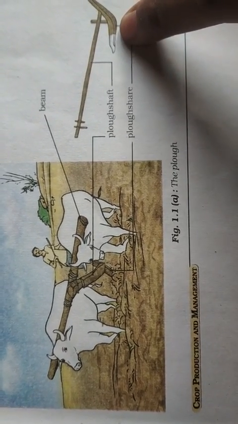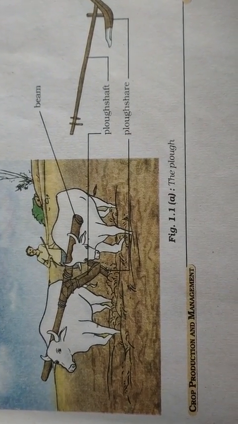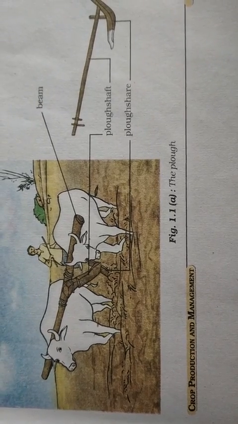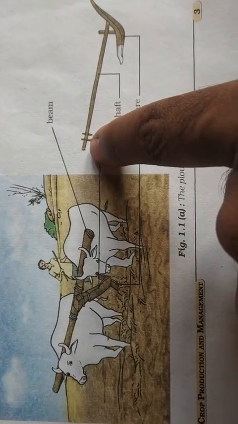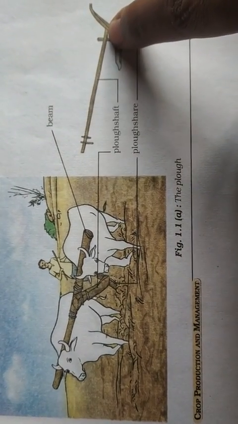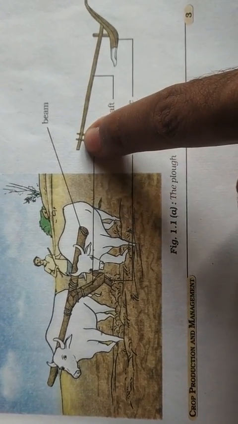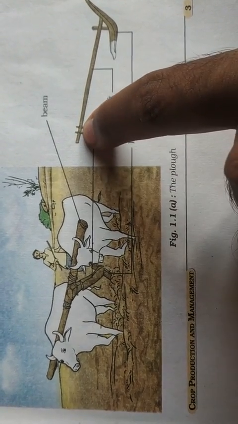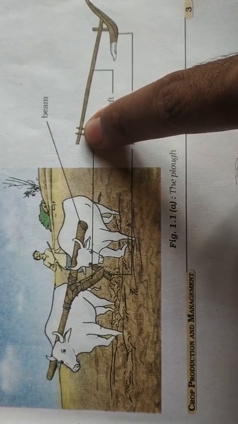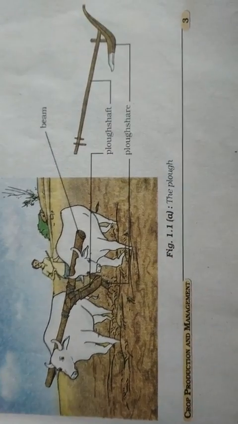The main part of the plow is a long log of wood which is called the plow shaft. Here we can see a long rod that may be made of wood, or it may be an iron pipe. This is called the plow shaft.